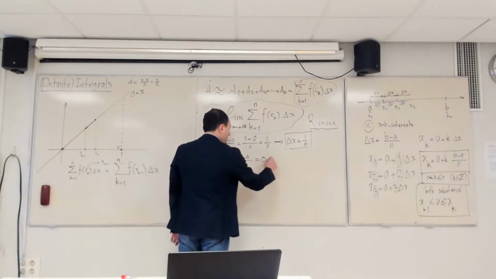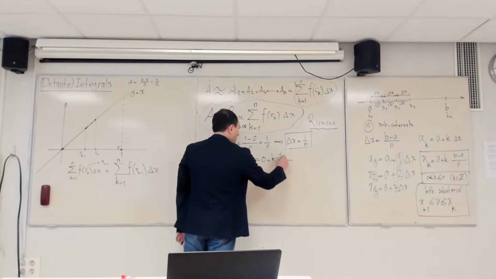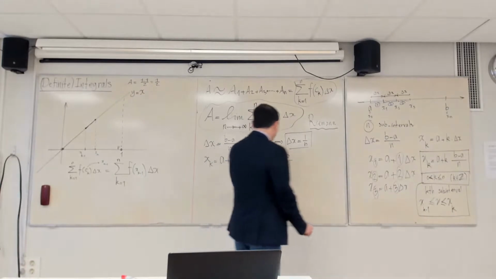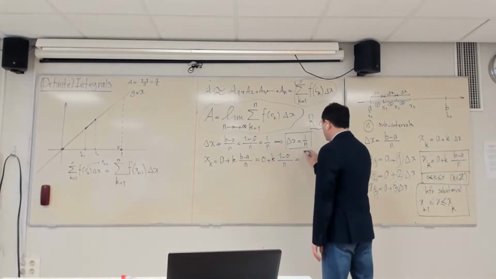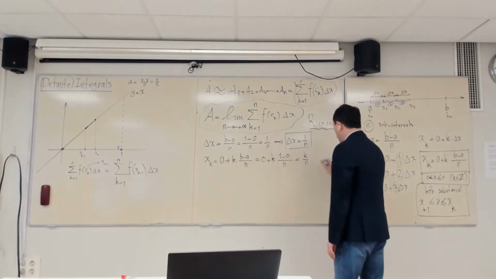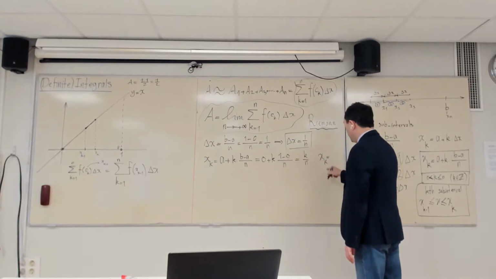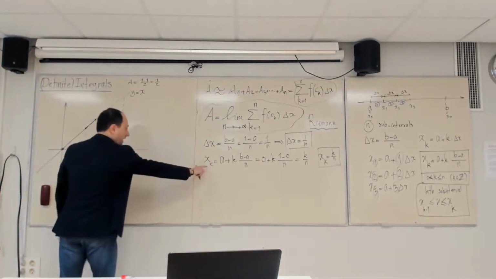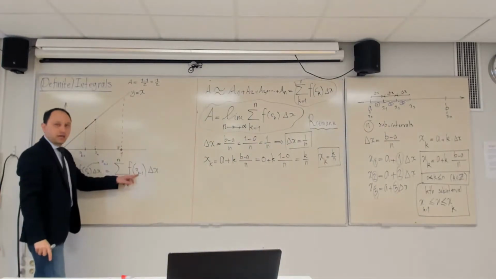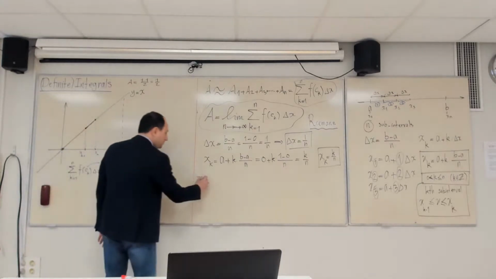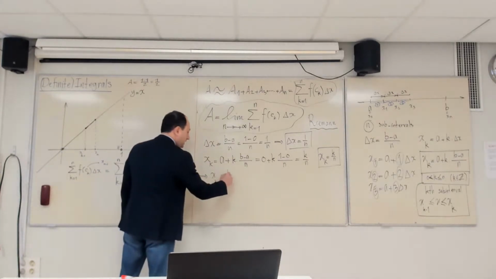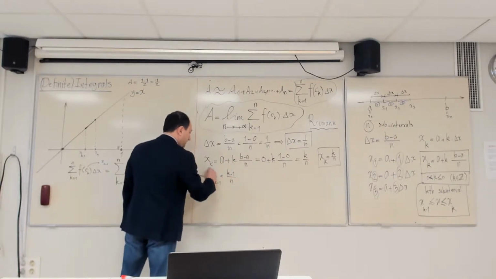So this becomes 0 plus k times 1 minus 0 divided by n, which is k over n. So x sub k is k over n. But I do not want x sub k, I want x sub k minus 1. So I have to replace k with k minus 1. Then it becomes k minus 1 divided by n.